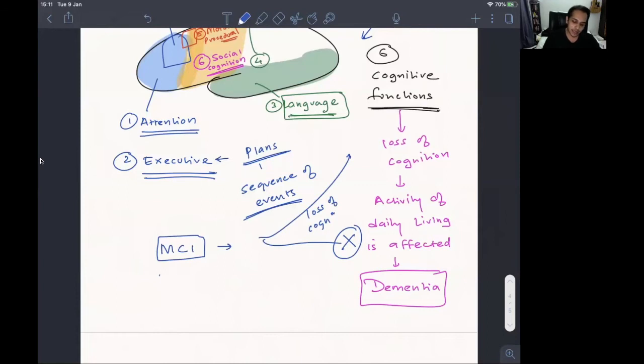Okay, so MCI is mild cognitive impairment. So you have some cognitive loss. So if you test for it, you may find it, but your activities of daily living are okay. So the person is able to do everything from morning to night independently, and somebody who just spends some time with him may not say that there is anything wrong with this person, but on testing, it will come out. So this is called as MCI.